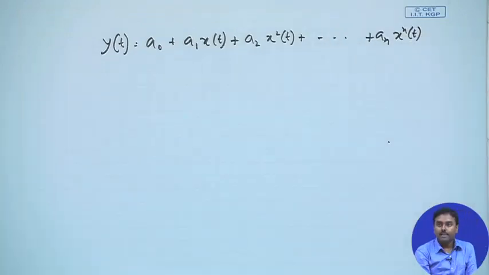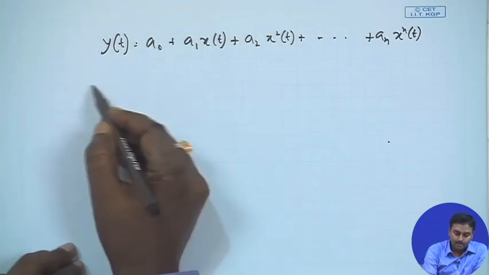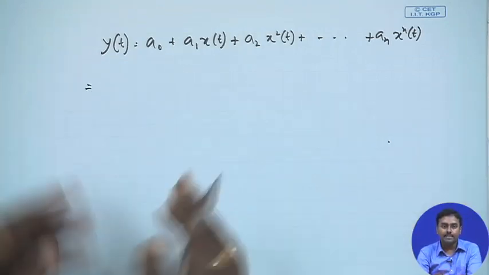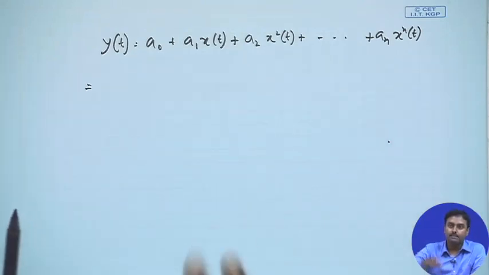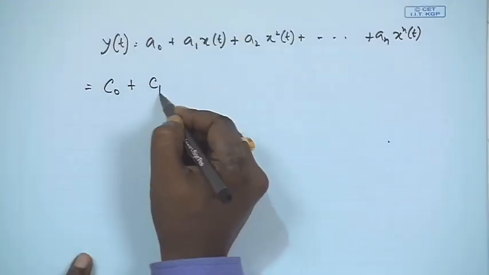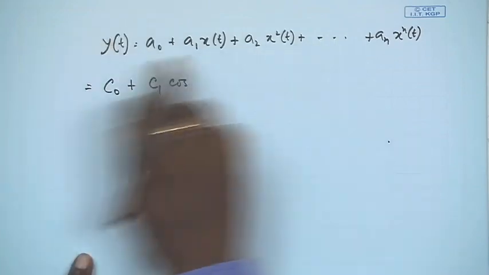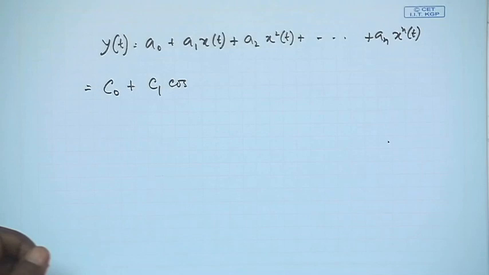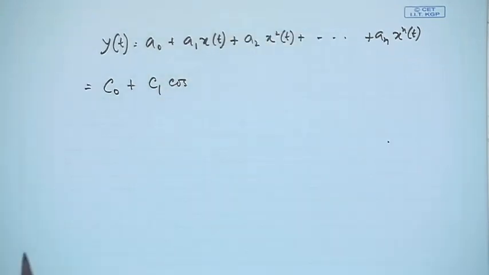So, immediately if we just put in whatever modulation we had, and then rearrange, there will be 2 of that whole theta t, 3 of that theta t, 4 of that theta t. Rearranging all those things, I can just write it as C0 plus C1 into cos. Of course, the C0, C1 will have some dependency with respect to A0, A1, A2, all those things. So, there can be corresponding equations.